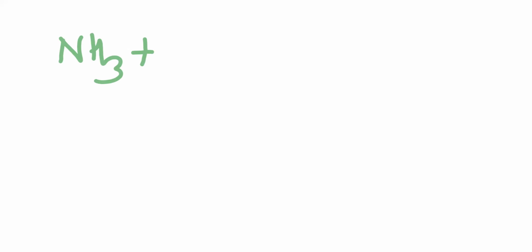But the majority of ammonia converts into these oxides of nitrogen, nitrite and nitrate. How? That we are going to learn. First of all, for this conversion, ammonia converts first into nitrite, NO2 minus.